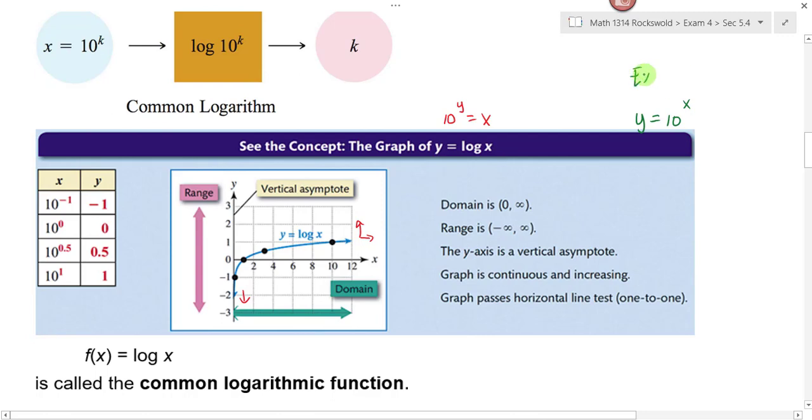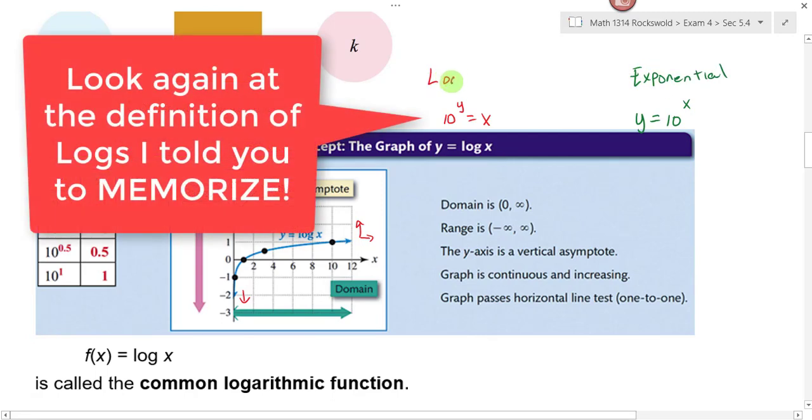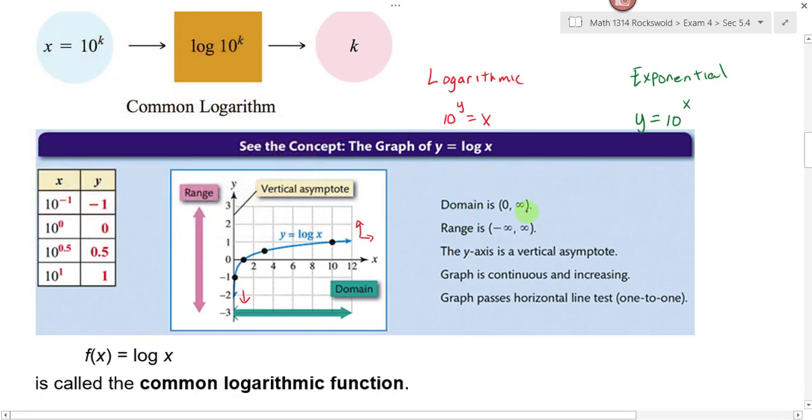This is an exponential function, whereas this one is logarithmic. On the logarithmic function, the domain goes from 0 to infinity. On the exponential function, we said the domain is all real numbers, and the range goes from 0 to infinity. Well, notice when I switch x and y, I end up swapping the domains and the ranges.